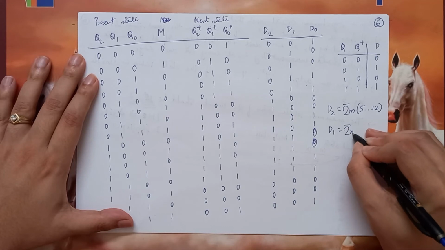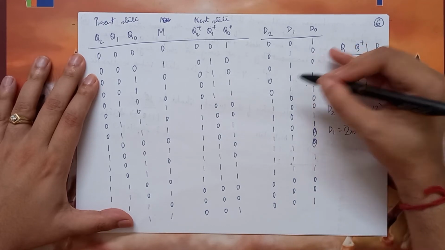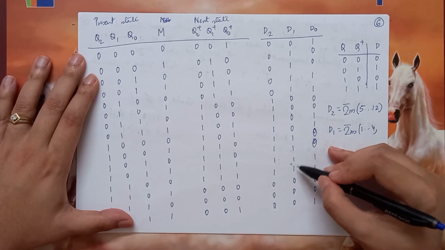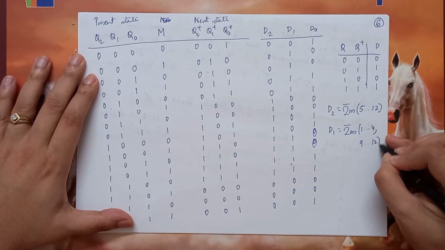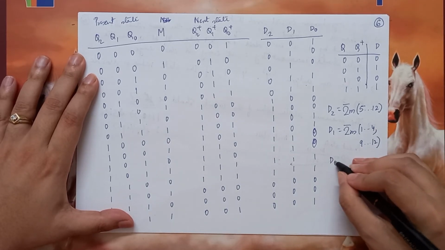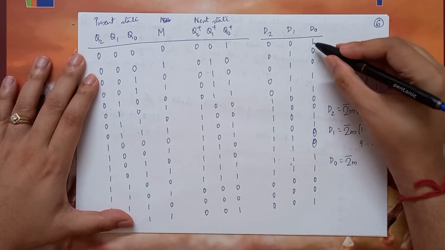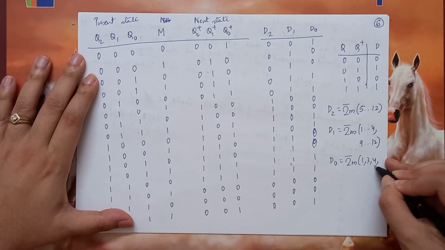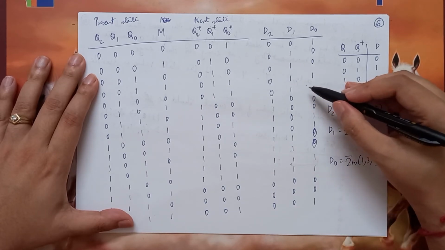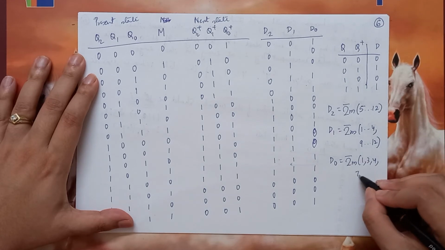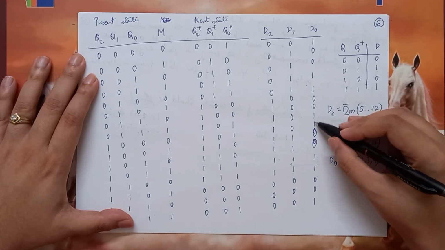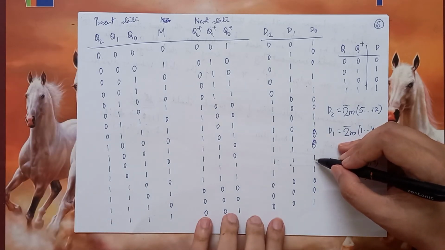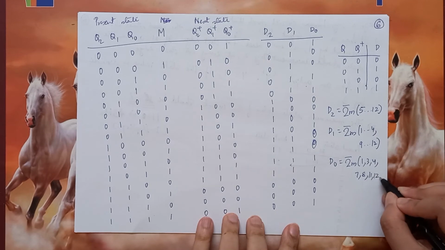D1, the minterms are 1, 2, 3, 4 and 9, 10, 11, 12. And D0, the minterms are 1, 3, 4, 7, 8, 11, 12 and 15.